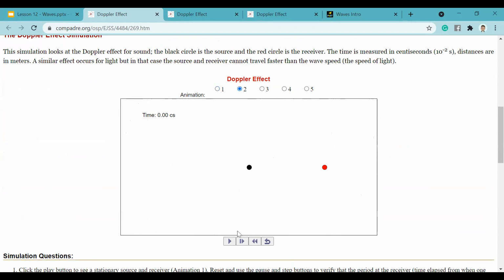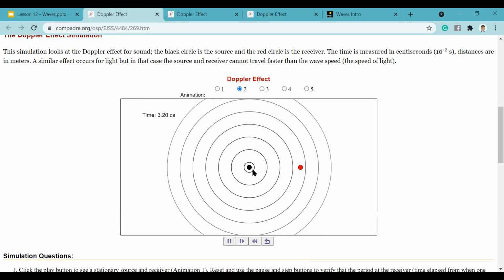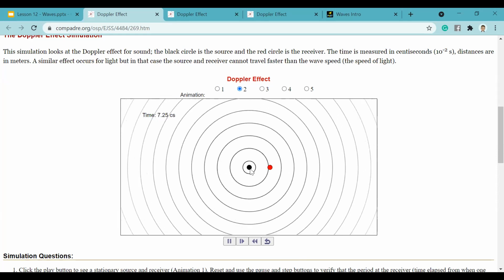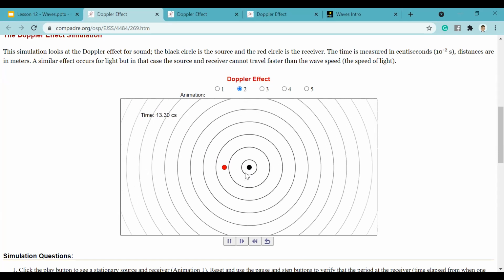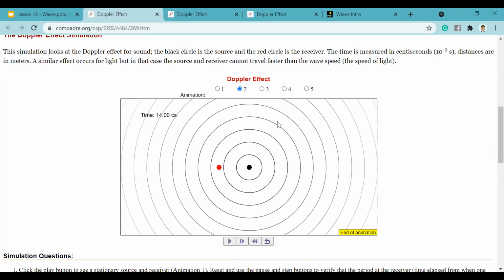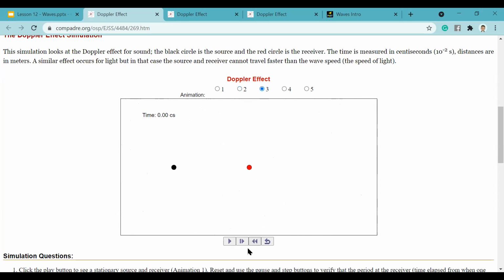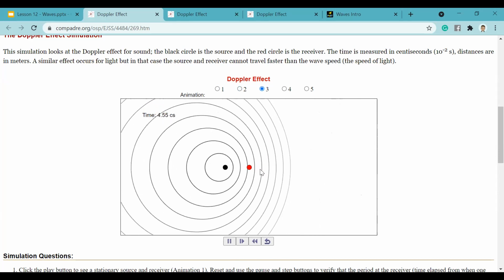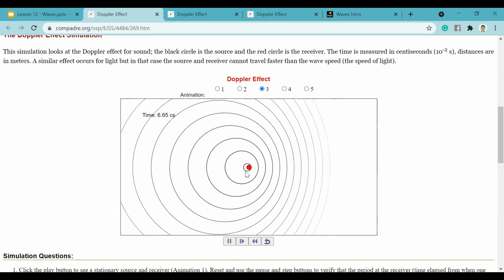For the second scenario, now the observer is moving while the source is stationary. As it moves towards and as it goes away from the source of the sound, the frequency changes. For our third scenario, this time, the source of the sound is moving toward the observer and getting away.